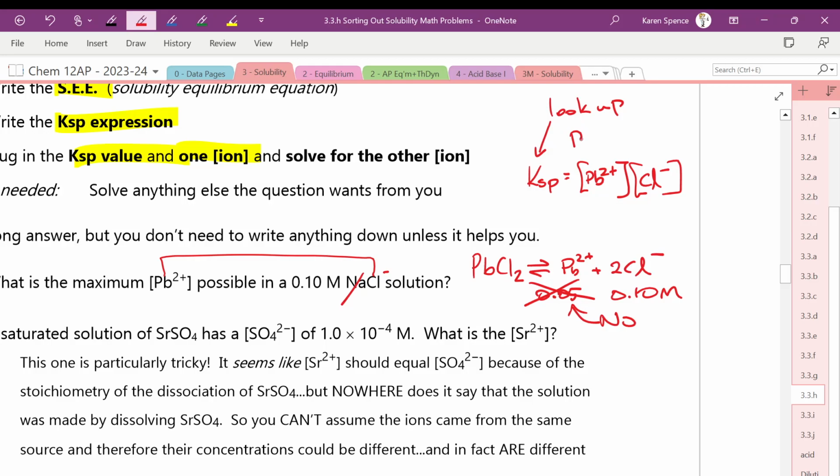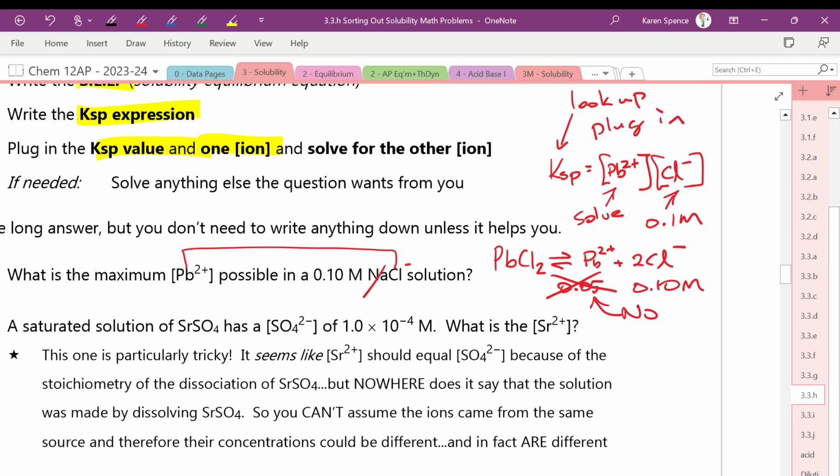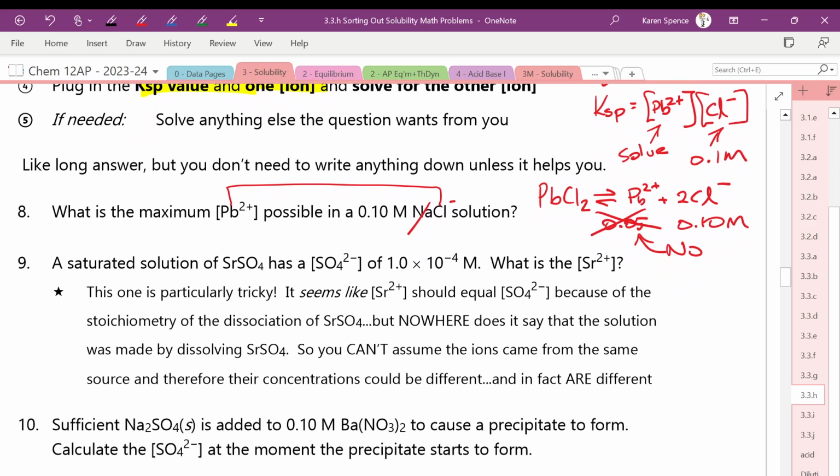Look up KSP, plug in 0.1 molar, and then you'll solve for lead. This next one is nasty. Why is the next question particularly nasty?